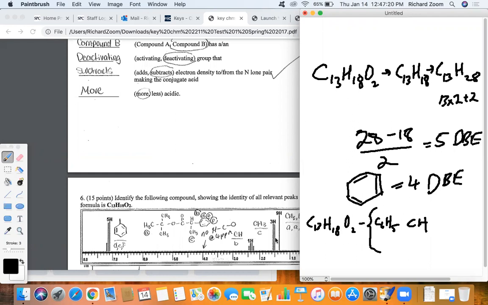Then we've got a 3H, that's going to be a CH3. And then a 9H, that must be 3 CH3s. So those are all the pieces that we can see in the spectrum. Now we've got to figure out what would be left over if we subtract out everything that we can see.